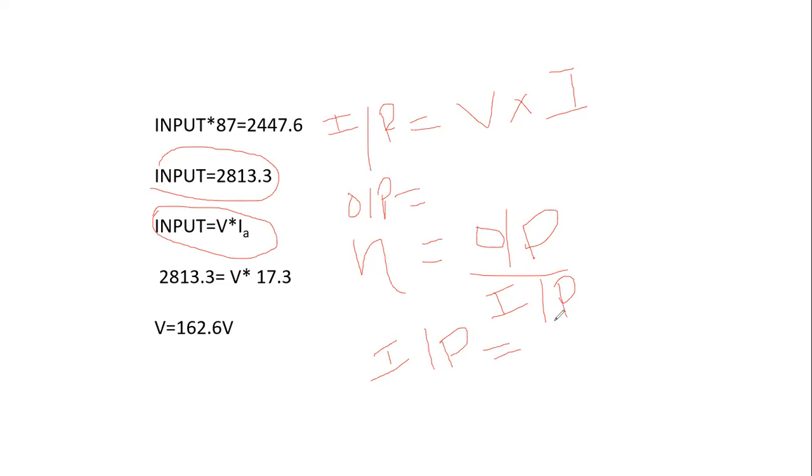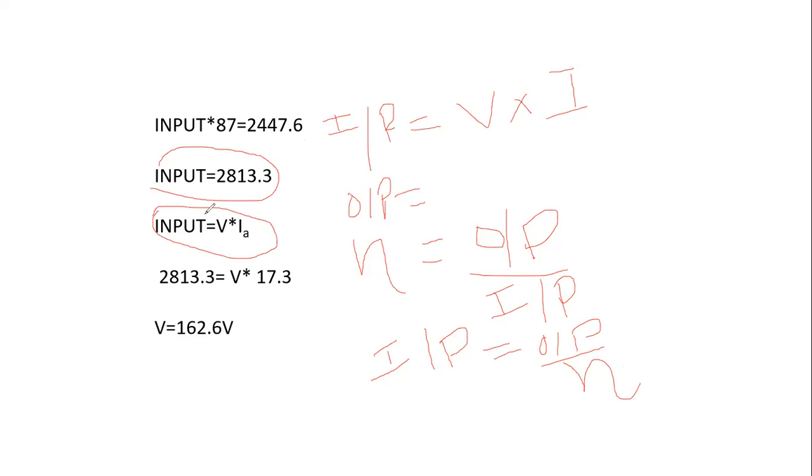Therefore input equals output by efficiency. Therefore, input equals 2447 by efficiency, which is 87%.